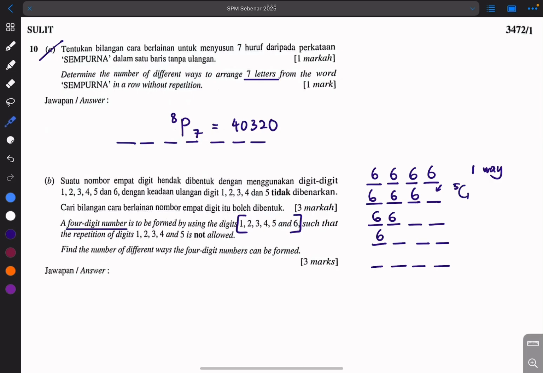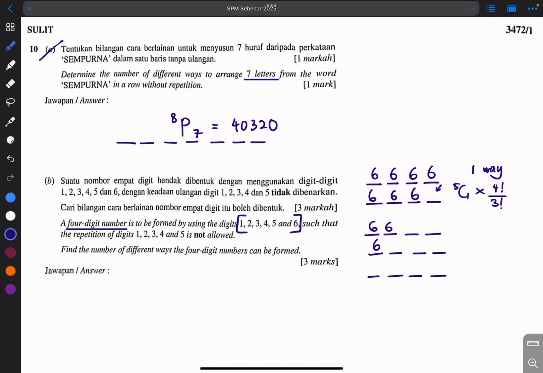So 5C1 is for us to choose a number here, and then they can rearrange among themselves. So we multiply with 4 factorial. But since we have 3 of the same numbers, we have to divide this by 3 factorial.